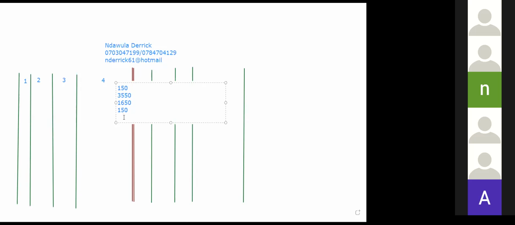That's 5500. So I come here and draw a line like that. Then I put my answer, which is 5500. Okay, so that is what we're referring to as waste. That's how I operate with my waste.